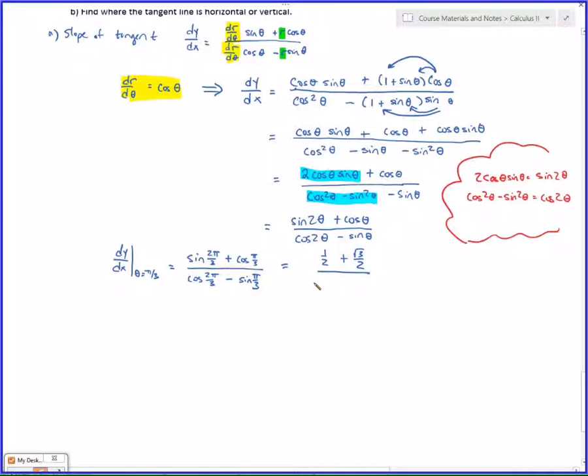This is a negative 1/2 minus square root of 3 over 2. Multiply everything by 2, and I get 1 plus square root of 3 over negative 1 minus square root of 3. Actually, if I factor out the minus 1 on bottom, the 1 plus square root of 3 cancels, and I get just negative 1.